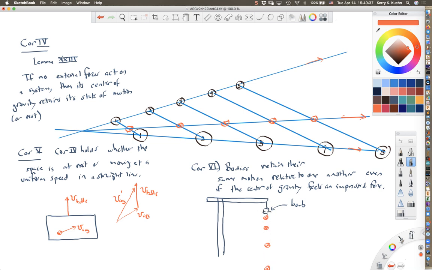And let's suppose that after a moment, it explodes and breaks into two pieces. So when it gets to right here, it breaks into two pieces, and these two pieces go flying apart. Okay, so what's going to happen as they fly apart? The center of gravity is still going to be falling at a constant rate due to gravity.